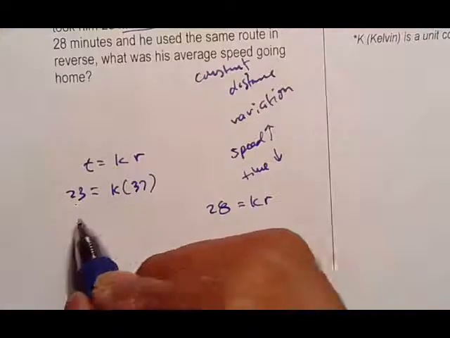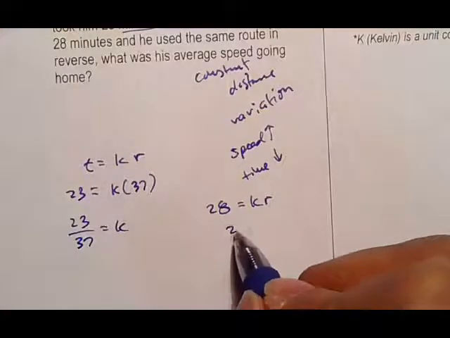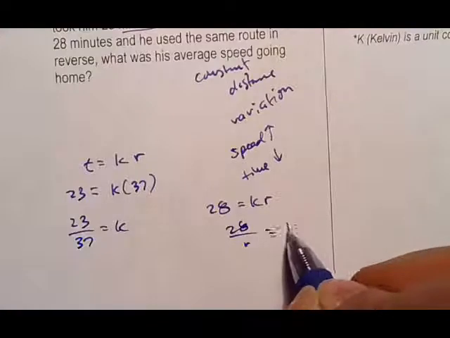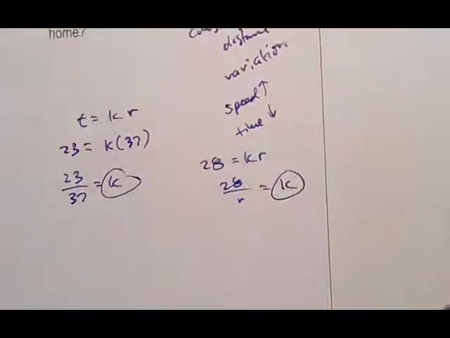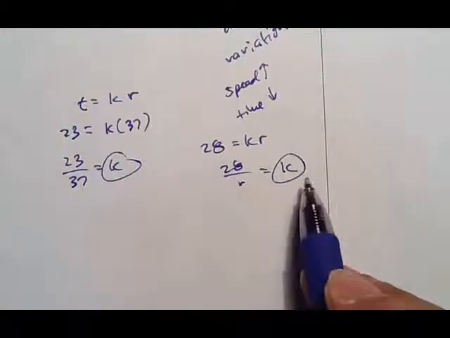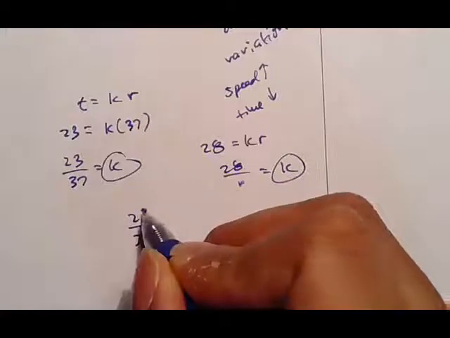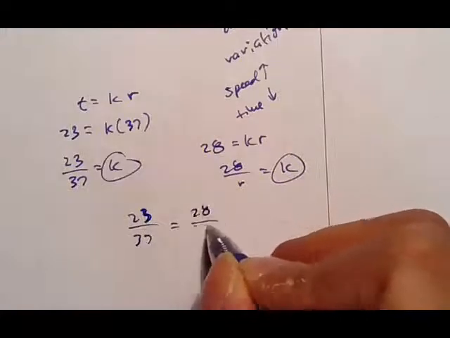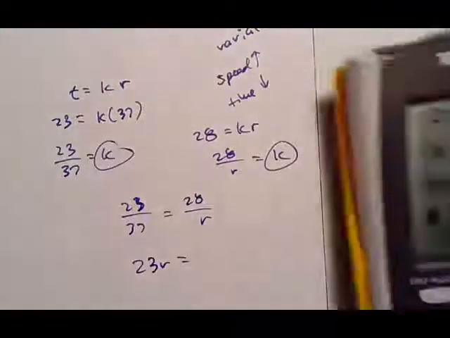Not the easiest, but one of the ways. 23 over 37 over here equals k. 28 over r equals k over here. Because both of these are k's, we can connect these two because k is the link. That means that 23 over 37 equals 28 over r, which means that 23r equals whatever 28 times 37 is.